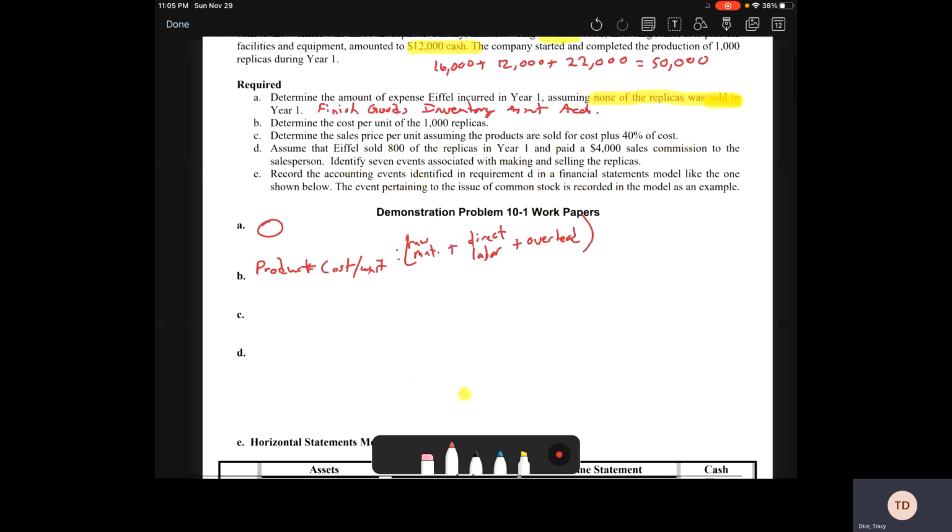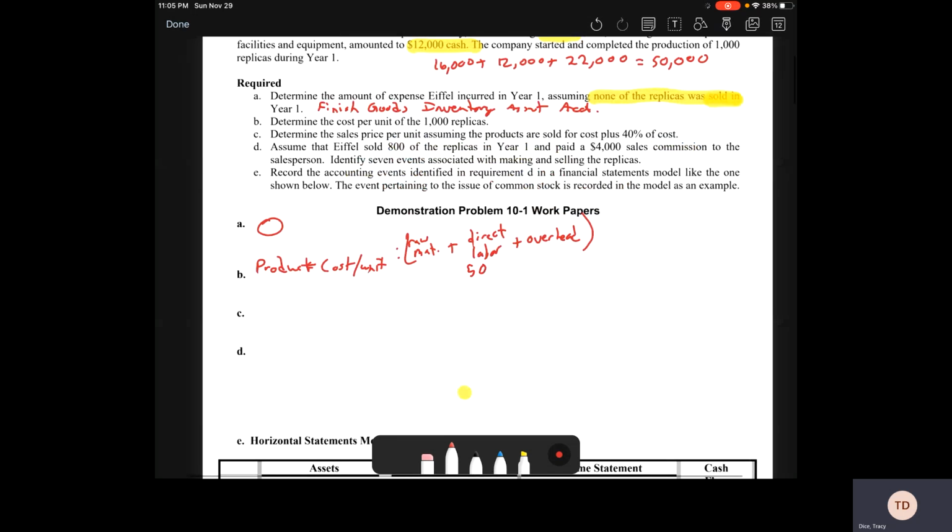We know that all of that from up above is 50,000. And then we divide it by our number of units. So when you take 50,000 divided by 1,000, you should end up with $50 per unit.